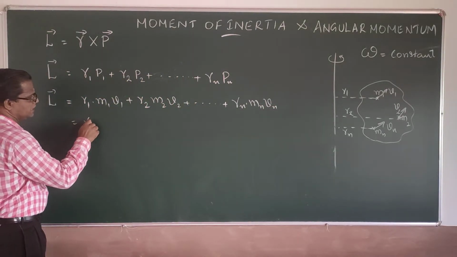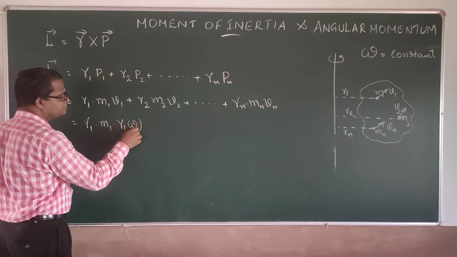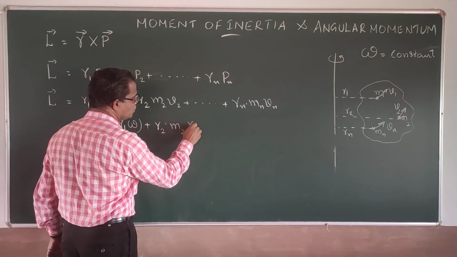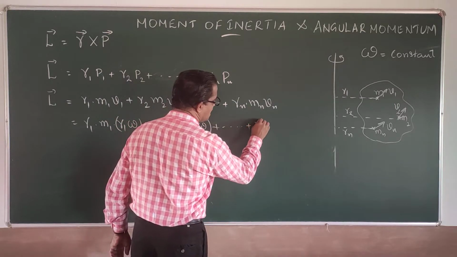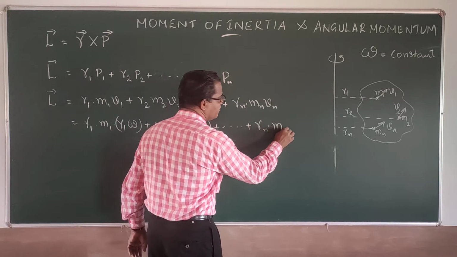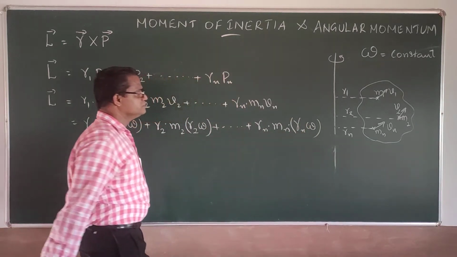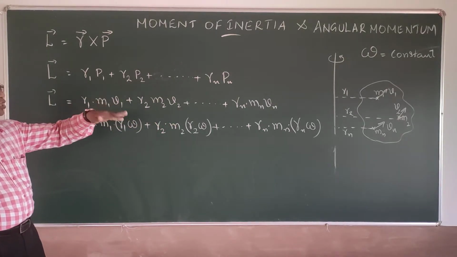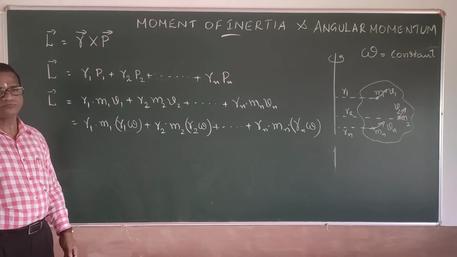Now this can be rewritten as R1 into M1 into R1 omega plus R2 into M2 into R2 omega plus etc. plus Rn into Mn into Rn omega, because I have converted the tangential linear velocity into the angular velocity omega, which is constant here.